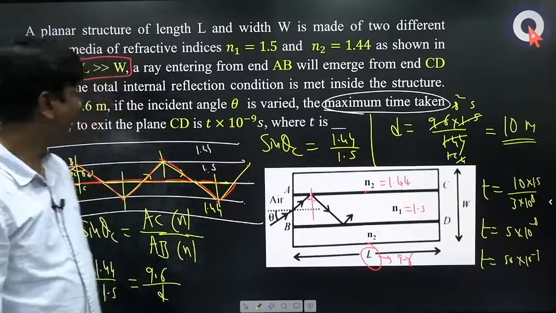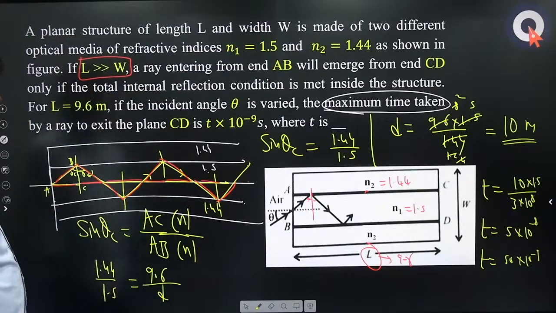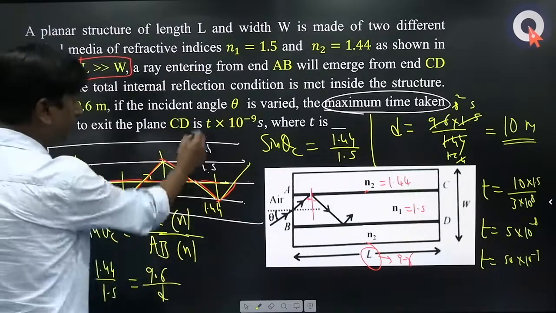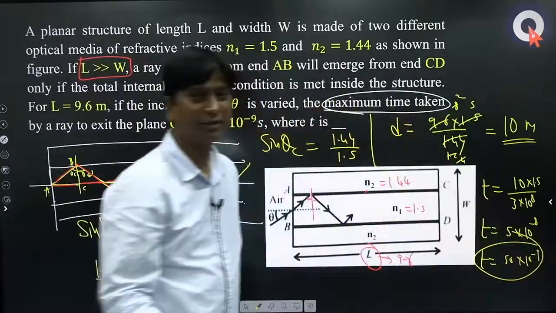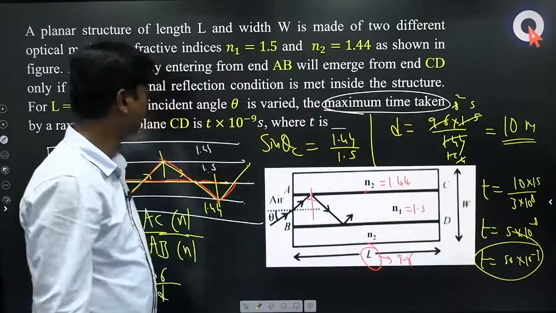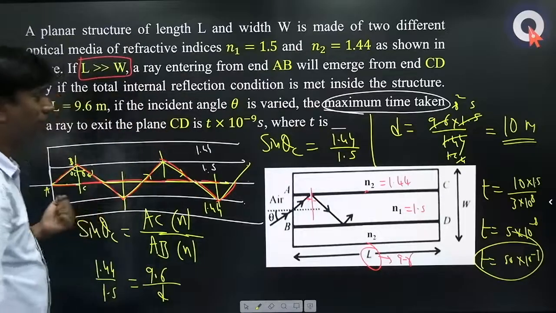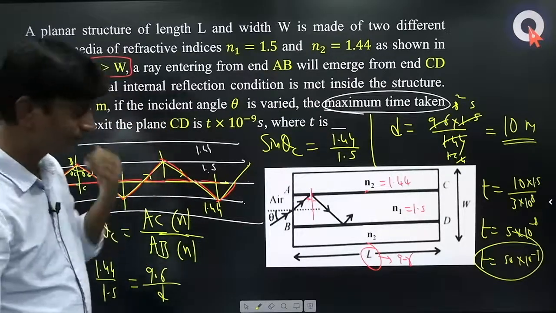So they're asking time taken is t into 10 power minus 9 seconds. So what is the value of that? So t into 10 power minus 9 means here clearly you are getting 50 into 10 power minus 9 seconds. Okay. So that is the answer, right? So hope you have understood this question also.